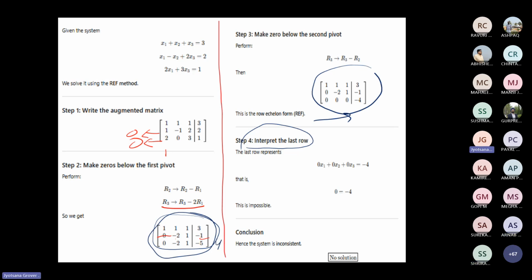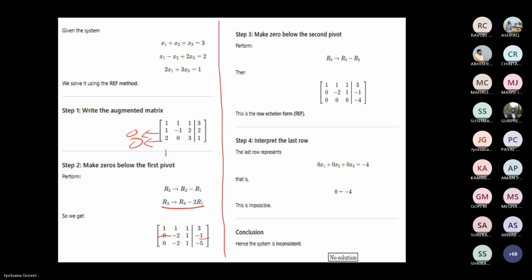Now, important observation is this: on the left hand side you are getting 0, but on the right hand side it is minus 4. So basically, this is your A, this is your B. Now if you put it in the form of Ax equal to B, you have to multiply with x1, x2, x3.